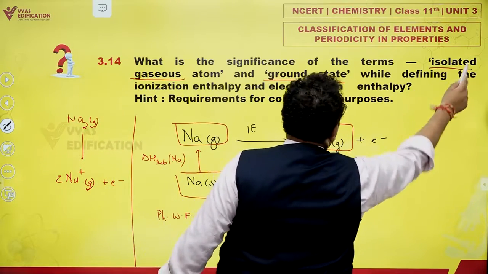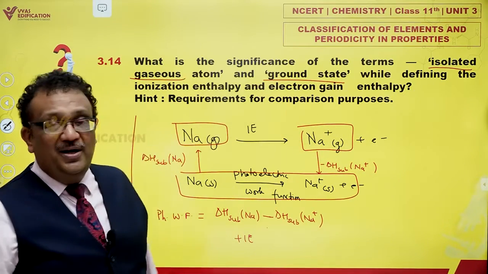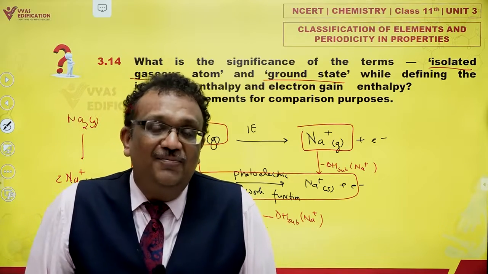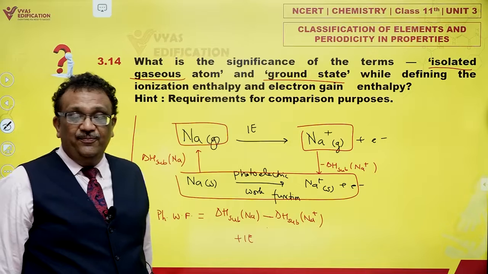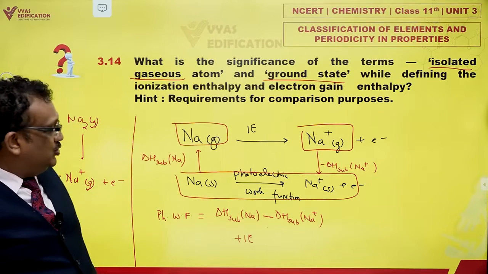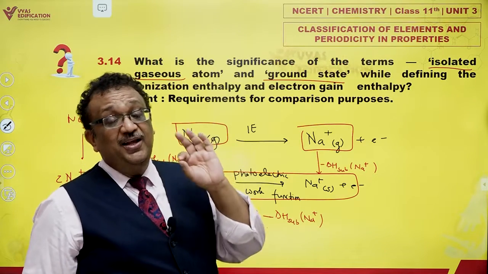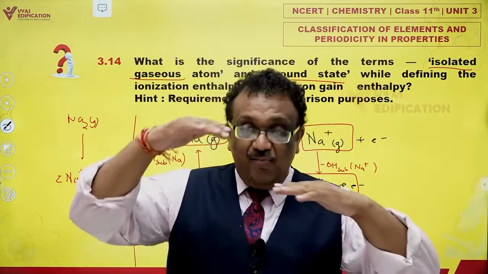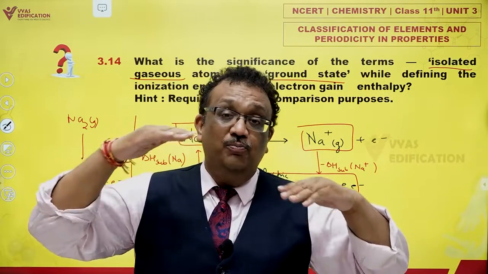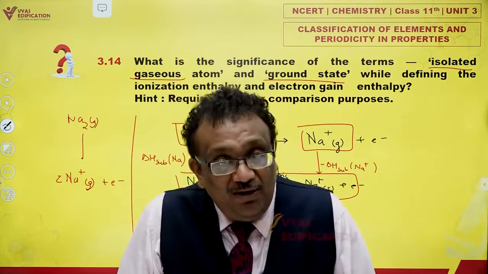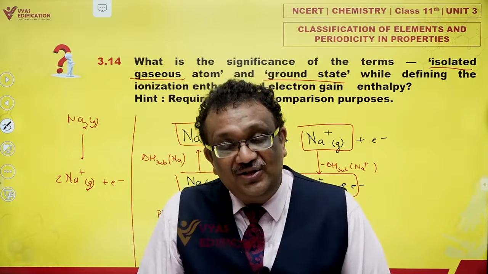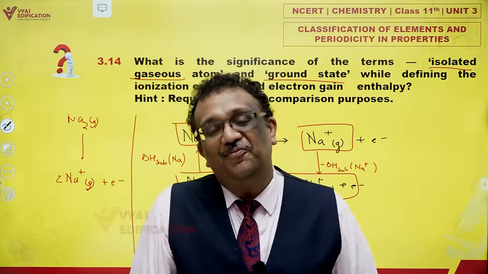Of course, they must be isolated and gaseous, and this, my dear, is the very significant portion of the definition of ionization energy. And very similarly for electron gain enthalpy also, whenever you are measuring any energy change, if you are measuring a change between 2 points, then the 2 points have to be correctly, accurately defined. And for that, isolated, gaseous, ground state are very important terms.